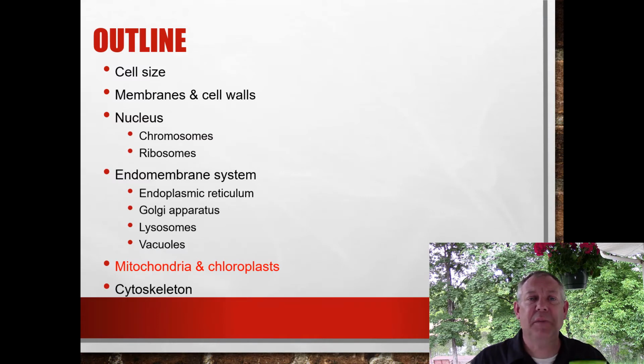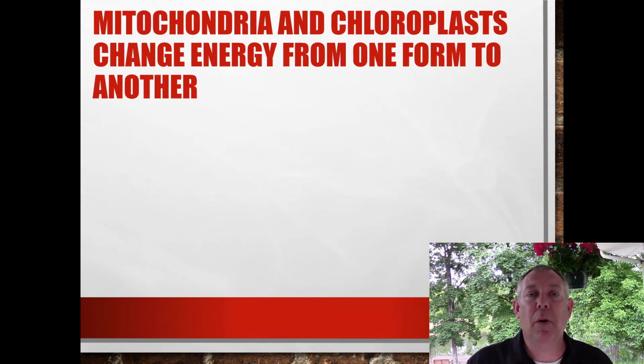Okay, next organelles we need to talk about are the mitochondria and the chloroplasts. They're very similar to each other. They're important because they change energy from one form to another. So we mentioned that all life, of course, is dependent upon a constant input of energy from the sun. That energy has to be captured by the chloroplast and turned from light energy into chemical energy.